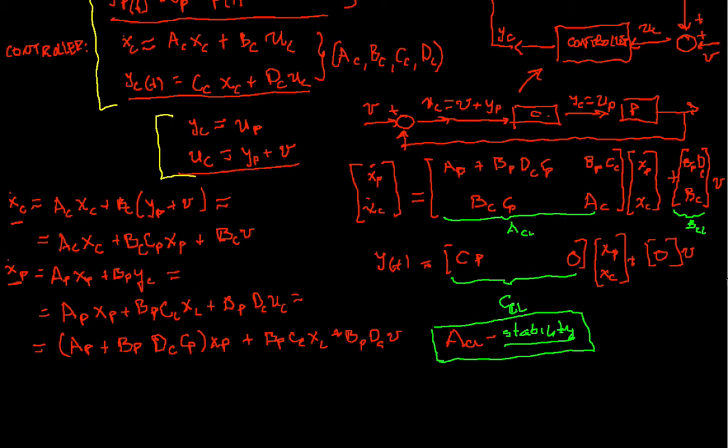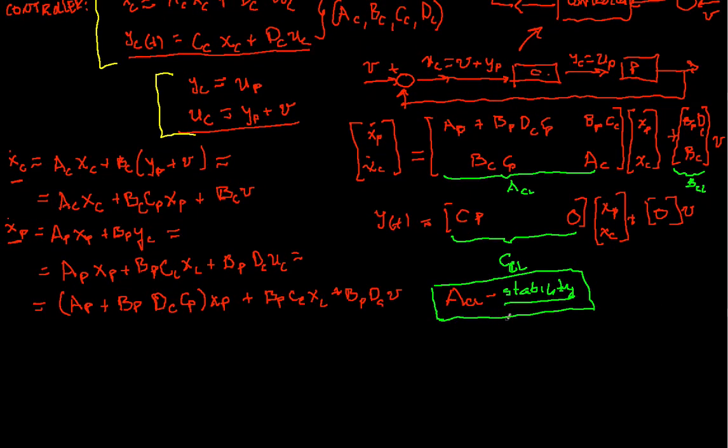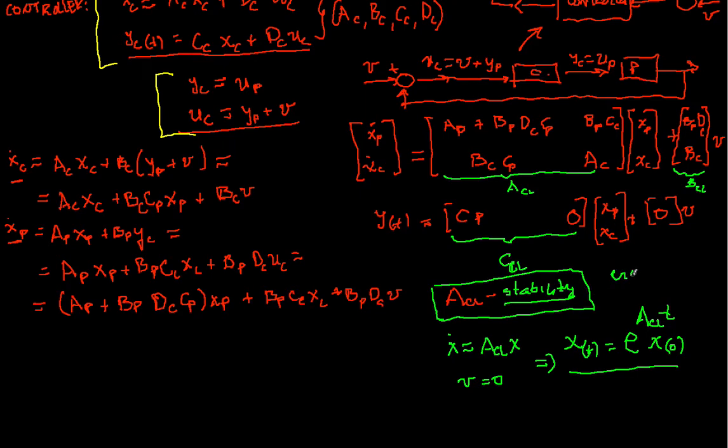In other words, what we see is that X dot equal ACL X, assuming that V is 0, has a solution as X of t equals e to the ACL t X0, and therefore stability of this system is determined by the eigenvalues of the ACL.